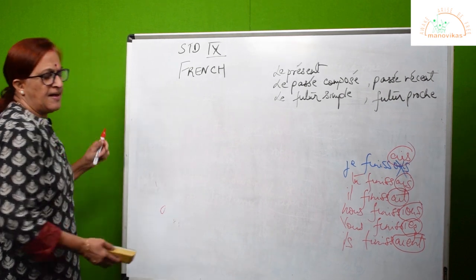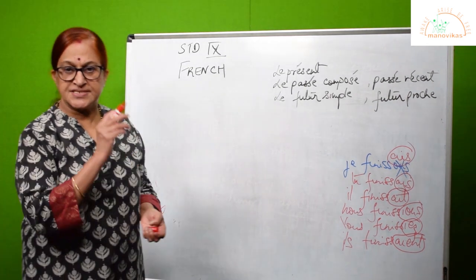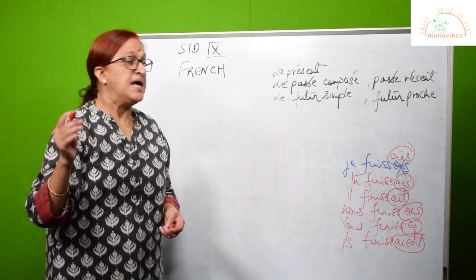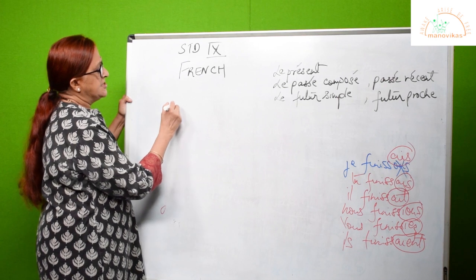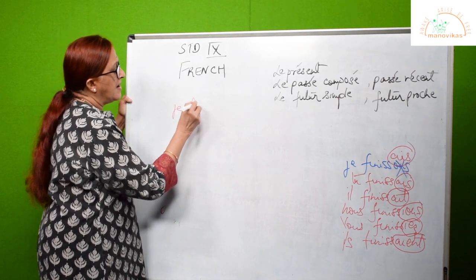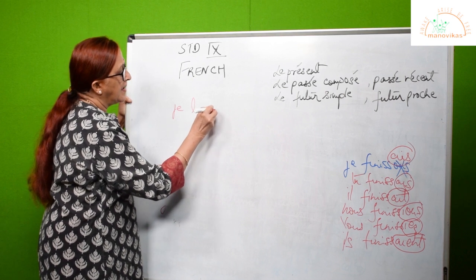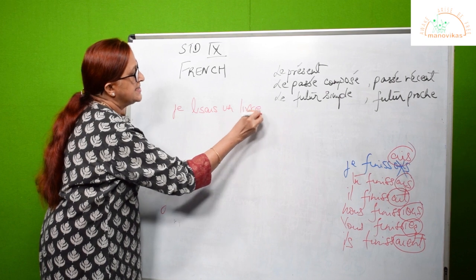Now one more thing. Imperfect is used when the action is continuing in the past and when it is a habit. For example, je lisais un livre. Lisais.